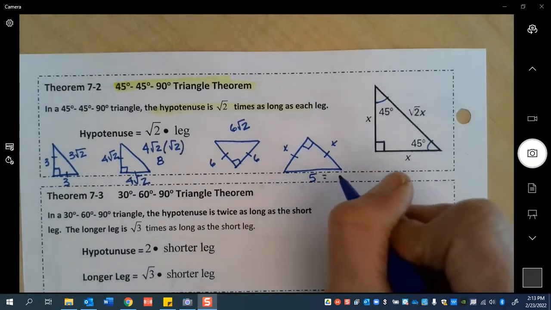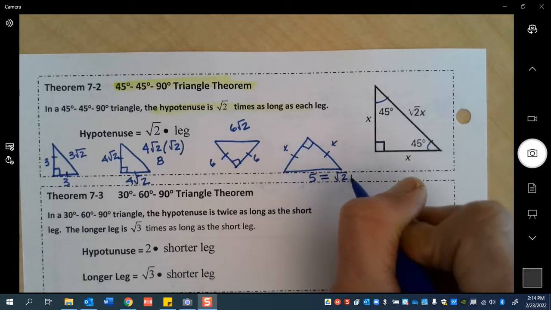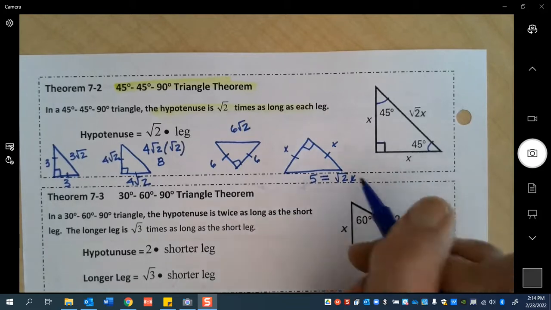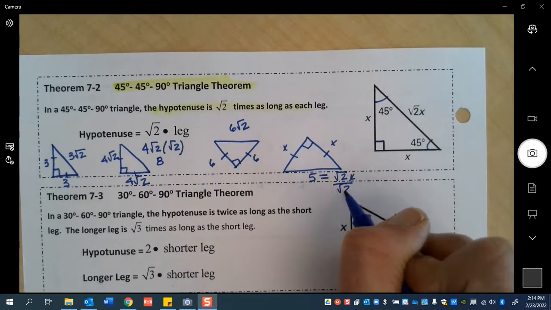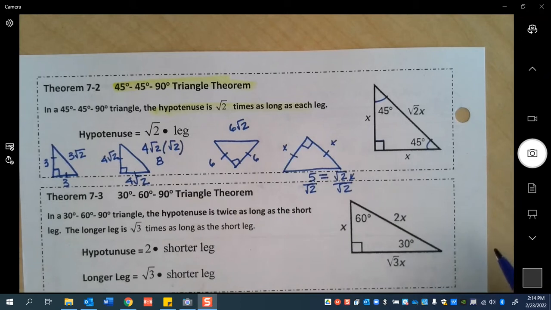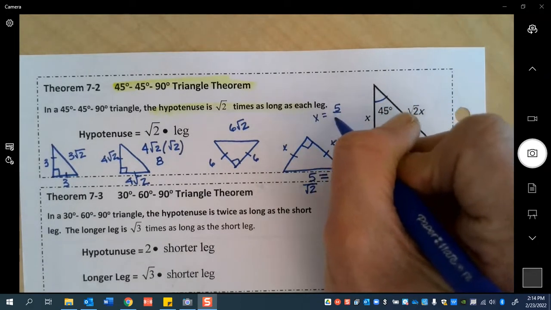Five is equal to square root of 2 times that x. I heard divide. So I have x is equal to 5 over the square root of 2.